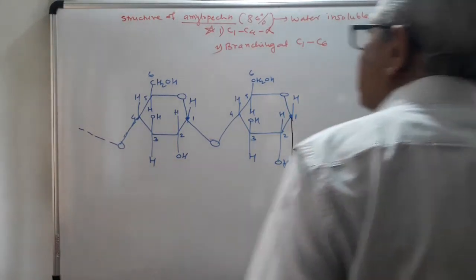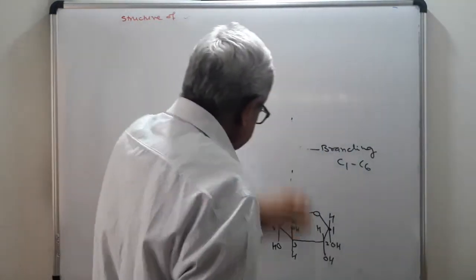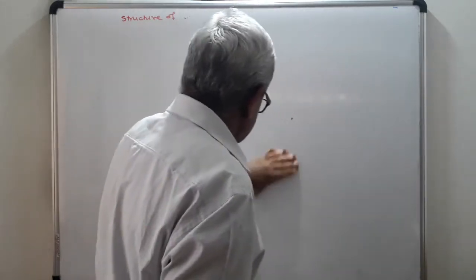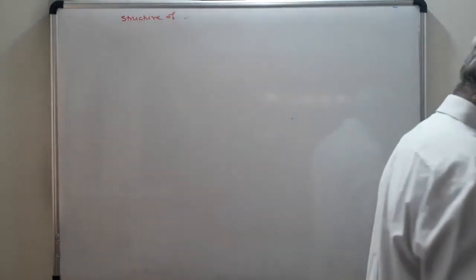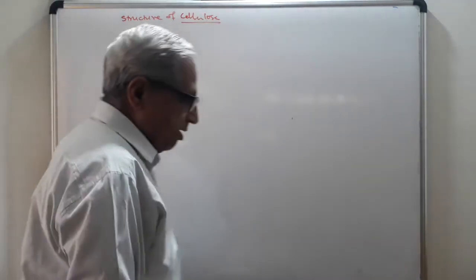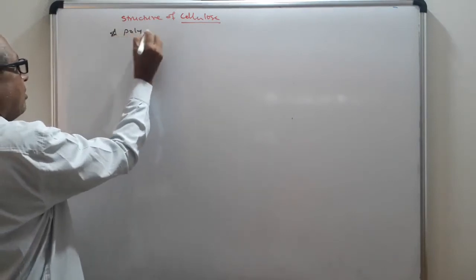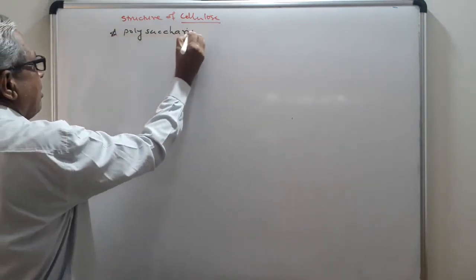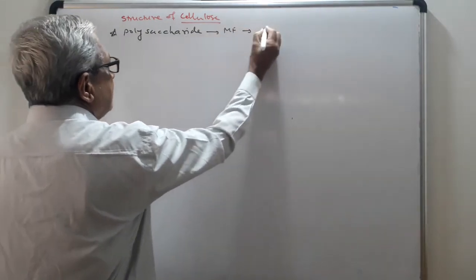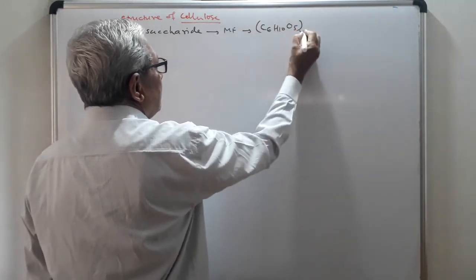So give the title, structure of cellulose. First important point, cellulose is a polysaccharide having molecular formula C6H10O5 n-time.